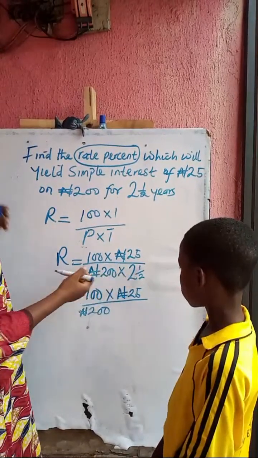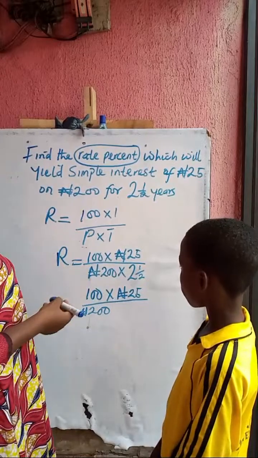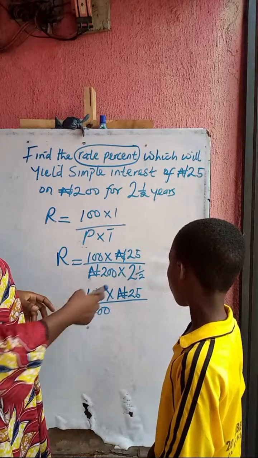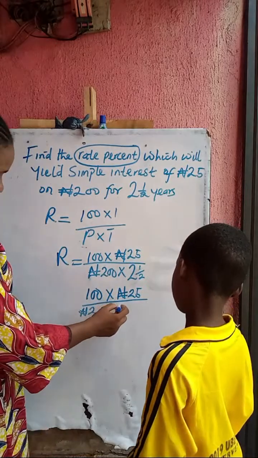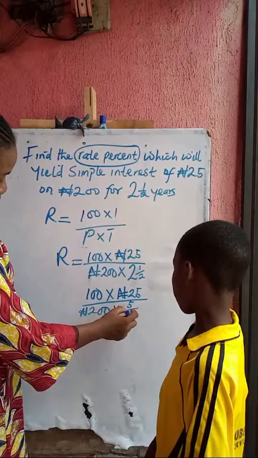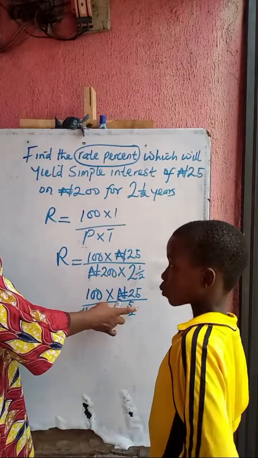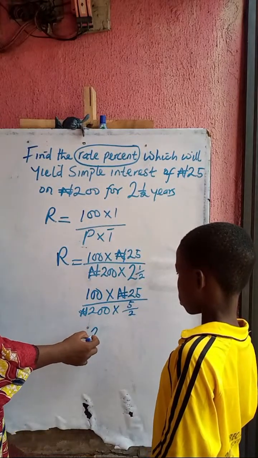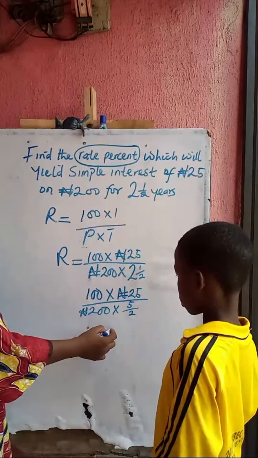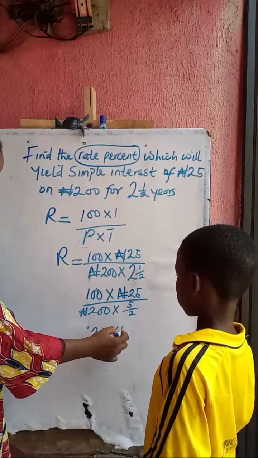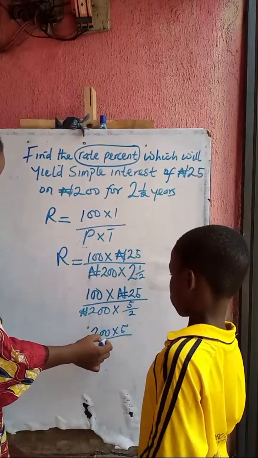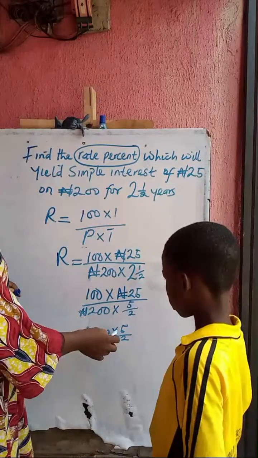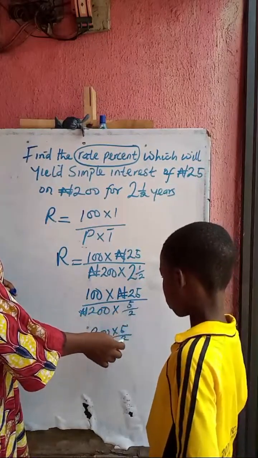Let's convert this mixed fraction to an improper fraction: 2 times 2 is 4, plus 1 is 5, so 5 over 2. So we deal with the denominator first, which is 200 times 5 all over 2.